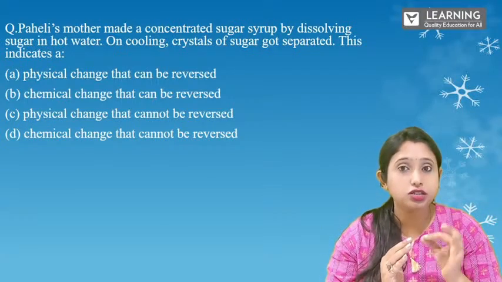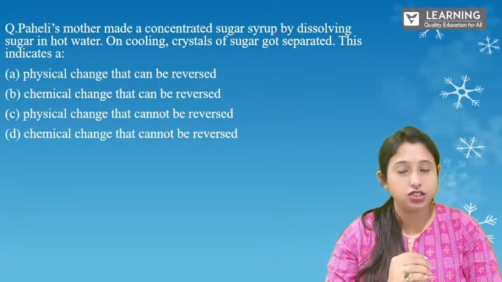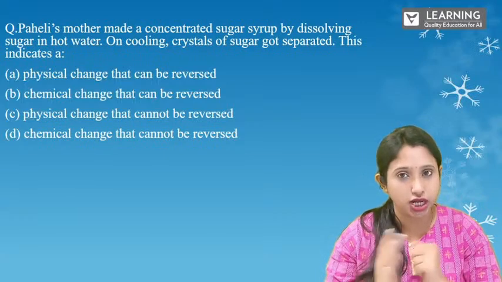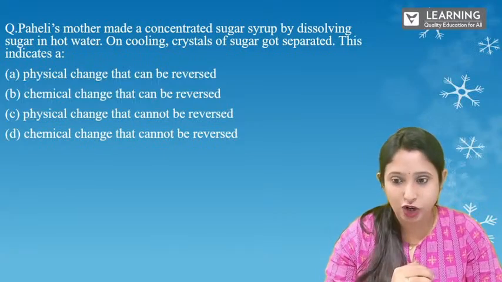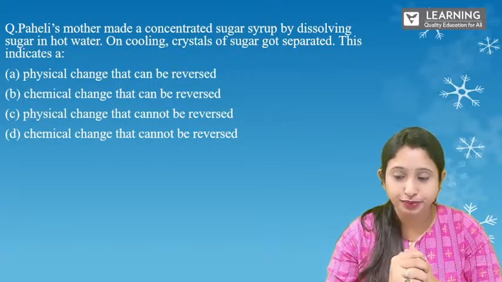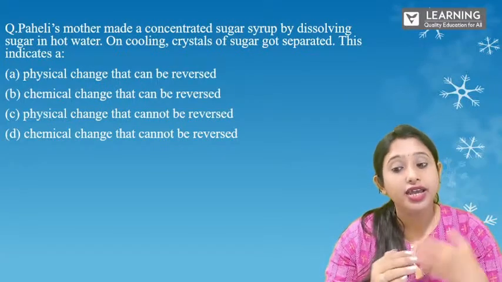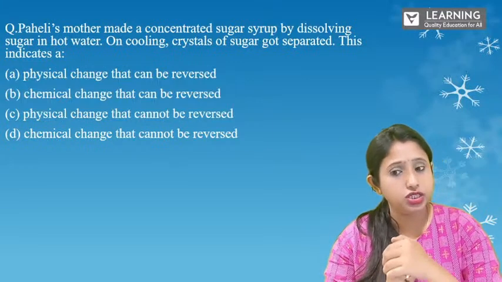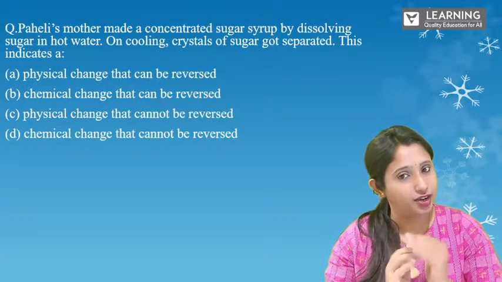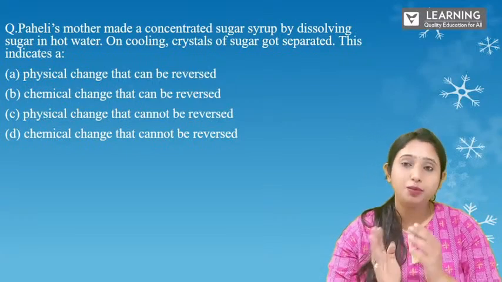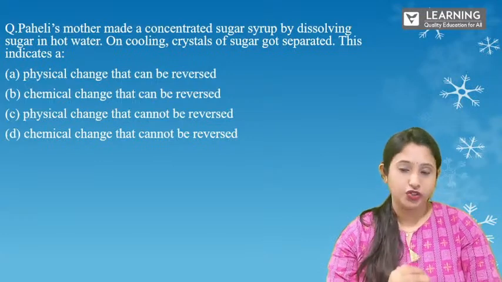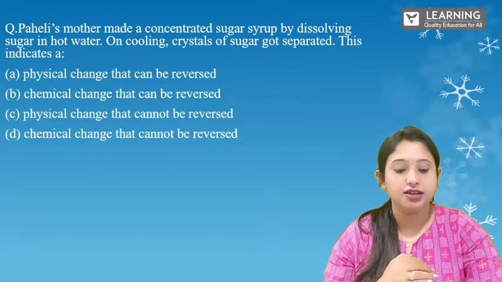So options are, option A is a physical change that can be reversed. Number B is a chemical change that can be reversed. Number C is a physical change that cannot be reversed. And number D is a chemical change that cannot be reversed. Which one is the answer?